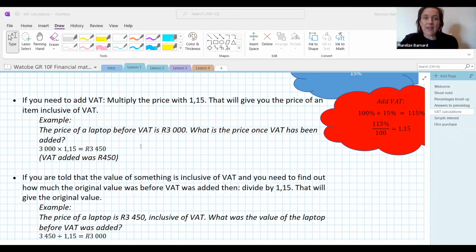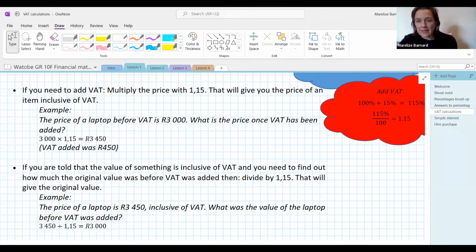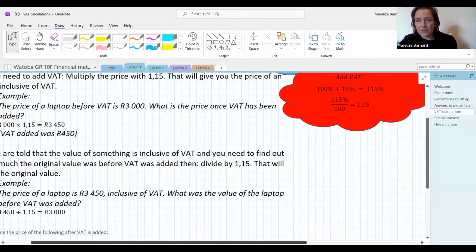Right, so the price of a laptop before VAT is 3,000. What is the price once VAT has been added? Okay, so the quick way that we can do it is written in this red bubble over here, if you want to have a read at it.